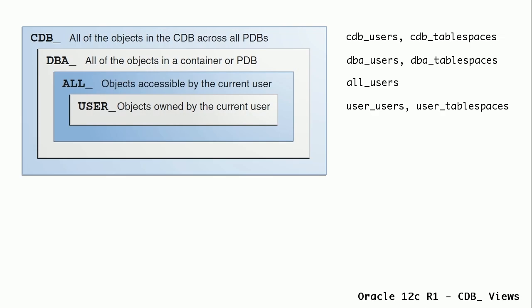Starting with Oracle 12c, we have a new set of data dictionary views called CDB_views. These are all container-wide views, meaning they display metadata for objects in the container database and objects across all pluggable databases.